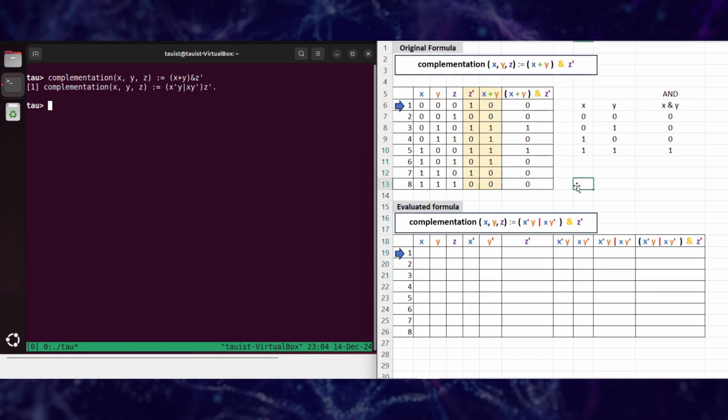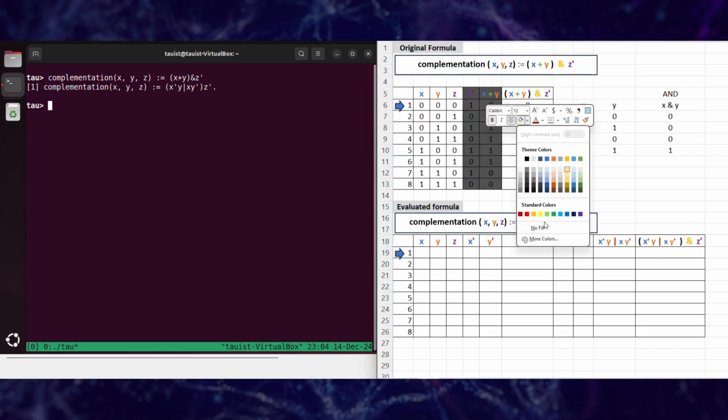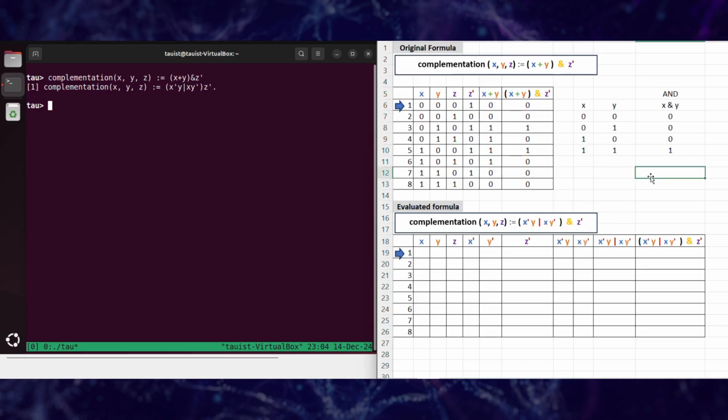Okay, so that's it. Let's see if they match with this one. So again, let's just copy this one so we don't take a lot of time. So here's one, and then copy this one.